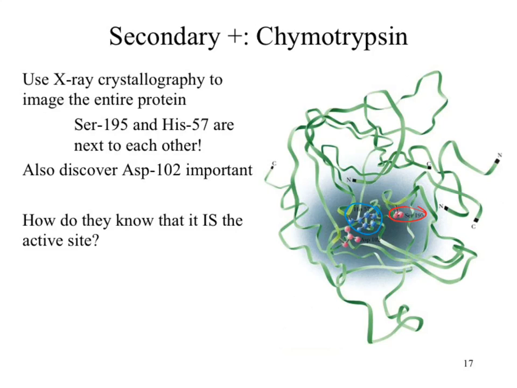Okay? One of the extra things that they ended up noticing by looking at the secondary or tertiary structure is that they have this aspartate ion that's very close within that active site as well. Okay? So by looking at that, they can start to predict those amino acids are somehow involved in the chemistry of this.